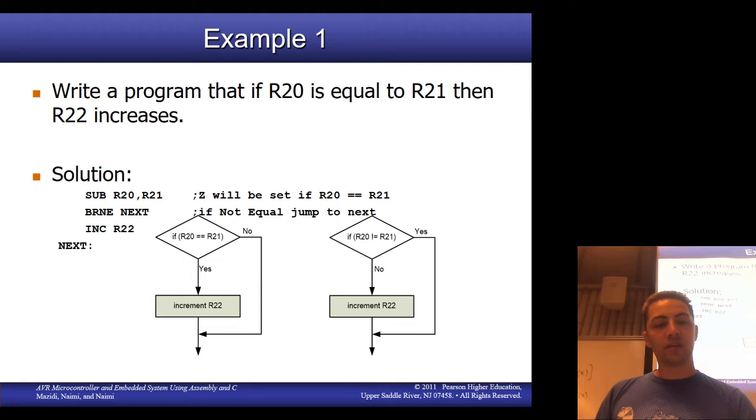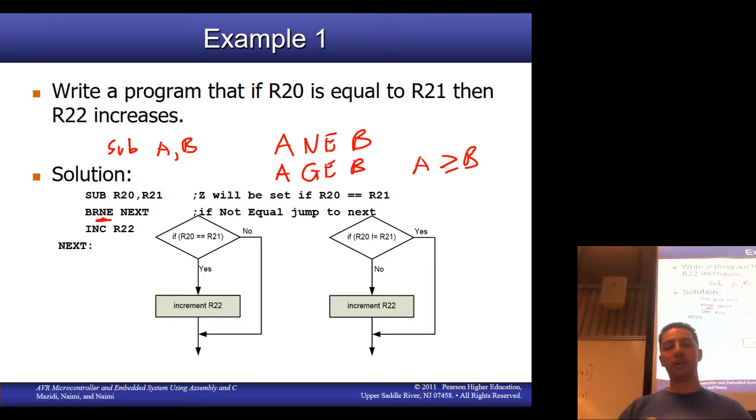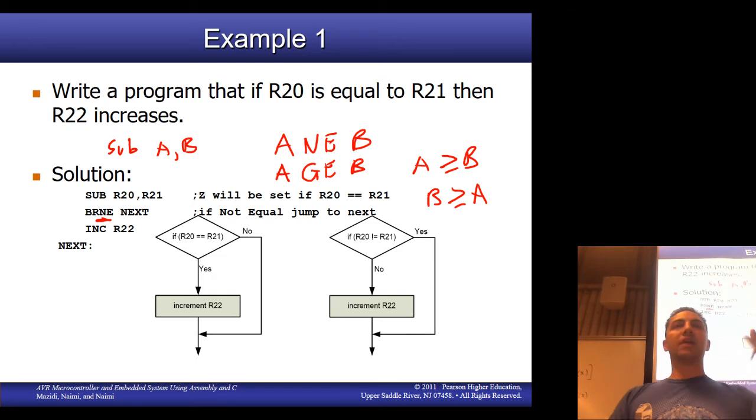If it's subtract A from B, then whatever your situation here, this will be A not equal to B. If this was greater than or equal to, it would be A greater than or equal to B. If you swapped them, R21, R20, then it would swap the order, so you would get B greater than or equal to A. So that's where we left off last time.